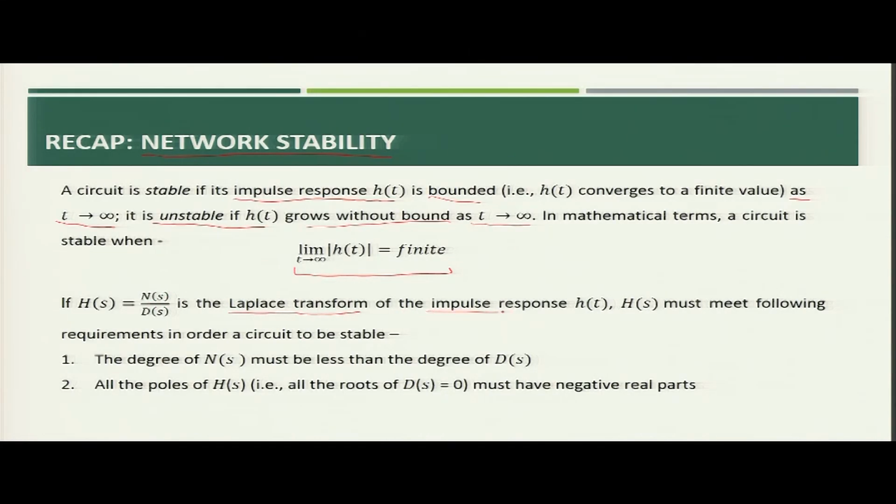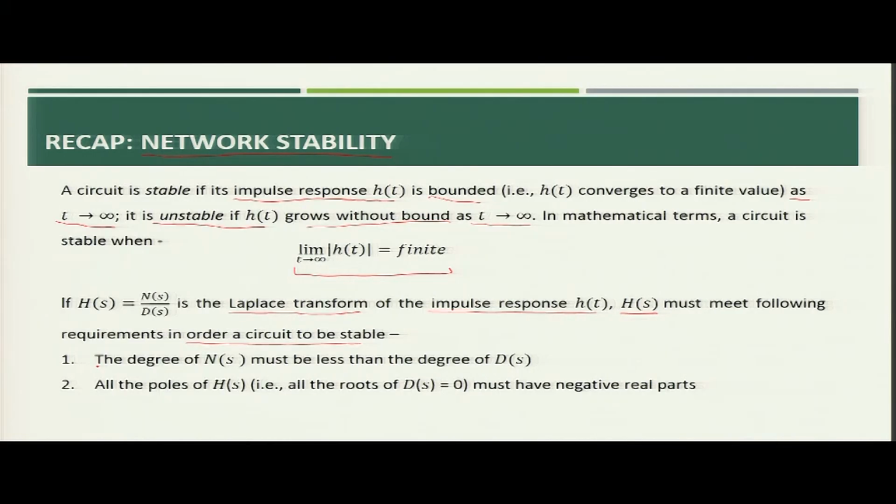The Laplace transform of the impulse response h(t), that is H(s), must meet the following requirements in order for the circuit to be stable. So, what were those requirements?